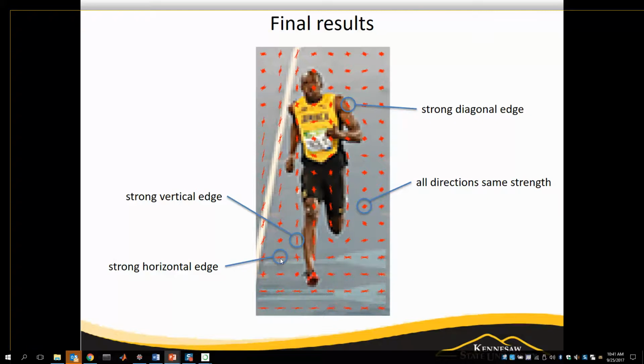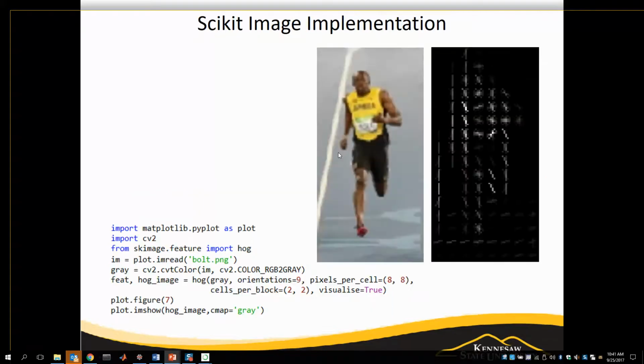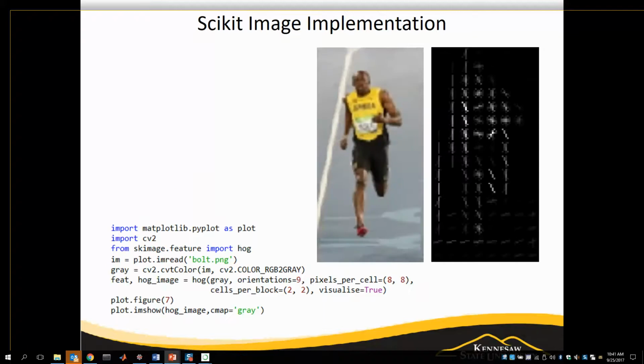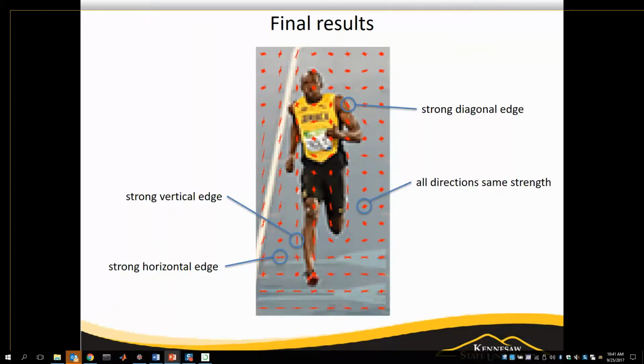Now if you take away the image of Usain Bolt, actually I have that on the next page. Here is what's visualized using Scikit-image, and this is a little different. It shows which directions are strong compared to the others, no matter whether they're actually high gradients or not.